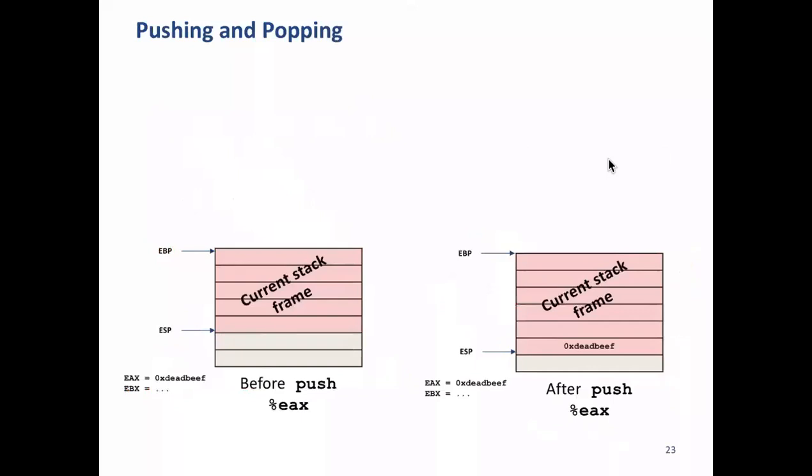Now, pushing and popping, you already understand it, right? Suppose we do the operation EAX equal to a value. EAX is nothing but a register in x86. It contains a value like dead beef, and we want to push this. When we say push EAX, the contents of the EAX register will come here, and ESP will change to point to the top of the stack.